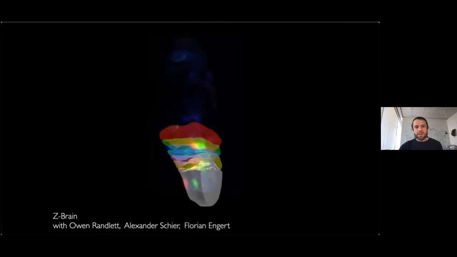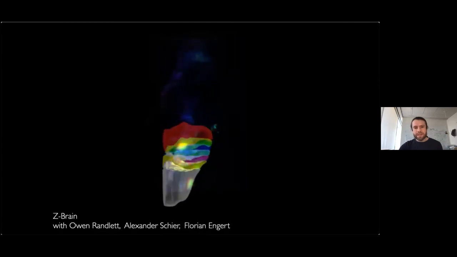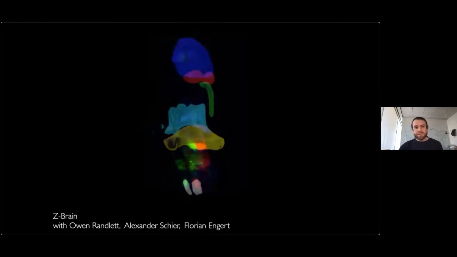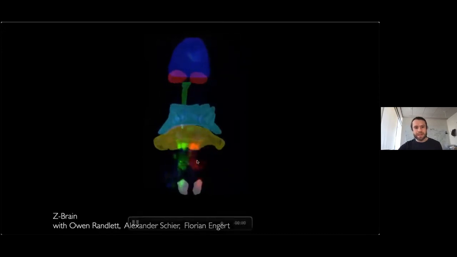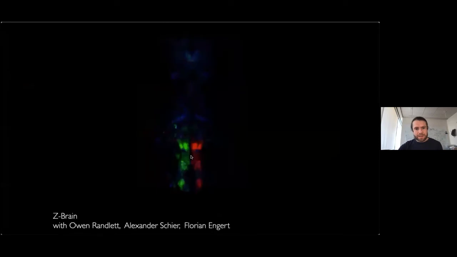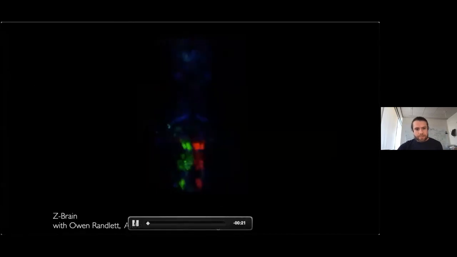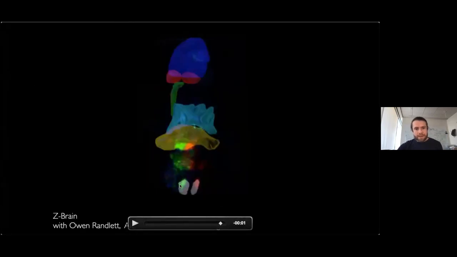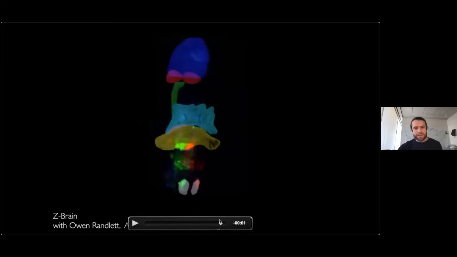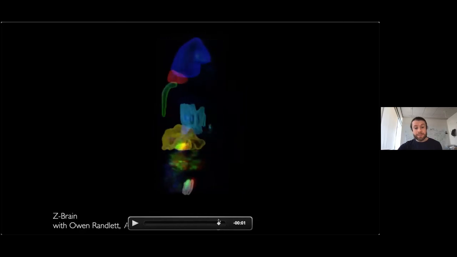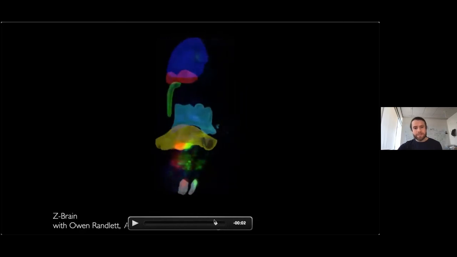Here is anatomical information. These are the rhombomeres, and here are a couple of different brain regions, just as an example. And one of these brain regions down here is the inferior olive. So you can see that by mapping these data back to anatomical information, we can get regional specificity.